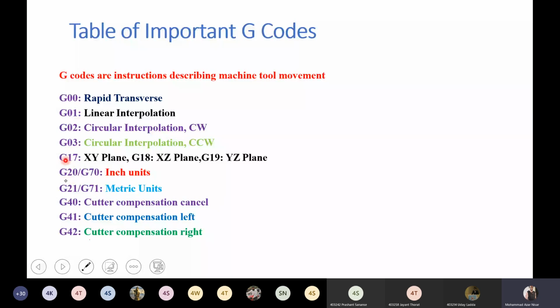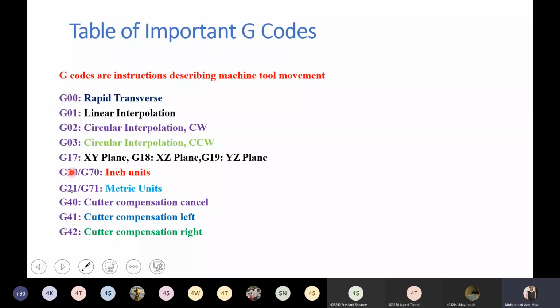In Fanuc control, G20 is used as inch unit, but in Siemens control, this G70 is used as inch unit. In Fanuc, G70 is end of cycle, and G71 is a turning cycle.